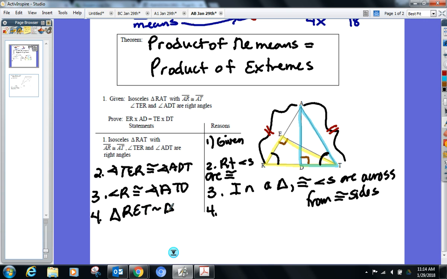Similar to. Let's see if I go RET, TDA. How's that look? No, because T would be the last. No, it'd be the second letter. TDA. Yeah. D's in the middle. A is on the opposite.